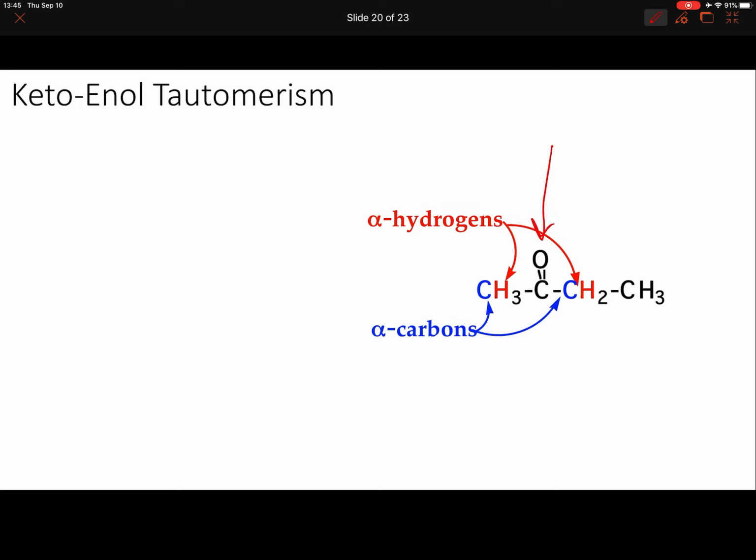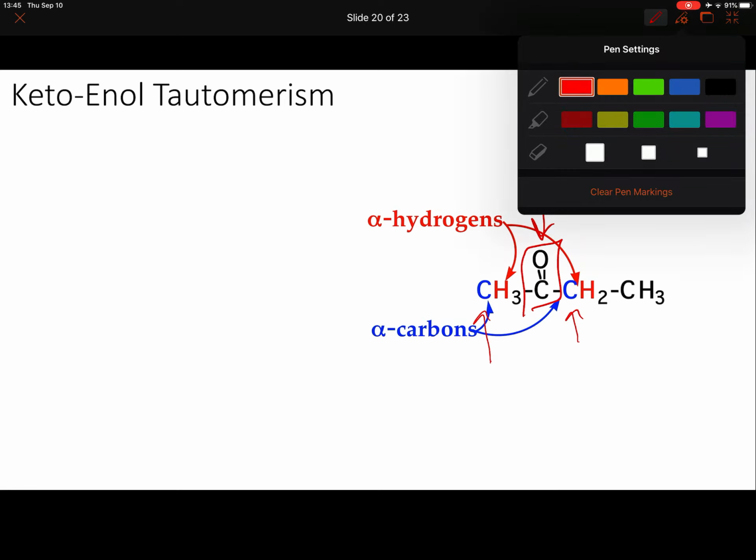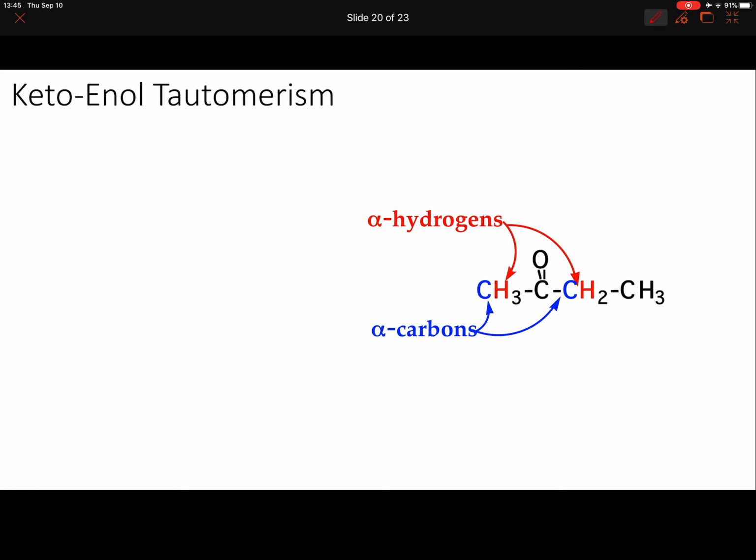So in this carbonyl group right here, we have 2 alpha carbons. We got this one and this one, right? And the hydrogen atom bonded to it is called an alpha hydrogen. So this has a couple alpha hydrogens, 5 alpha hydrogens, and 2 alpha carbons.